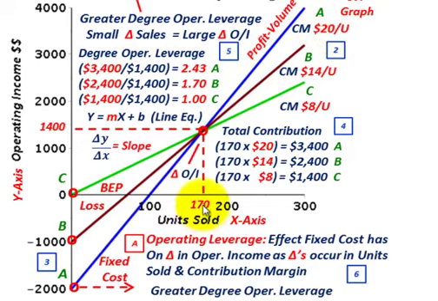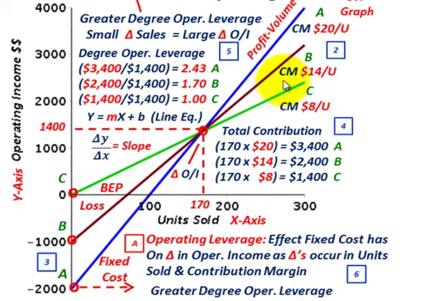So for each unit we sell, $20 goes towards operating income or to cover fixed cost. Along with alternative A, we're going to have fixed costs of $2,000. Remember, the fixed costs are constant, so you have the same fixed cost if you sell one unit or hundreds of units.